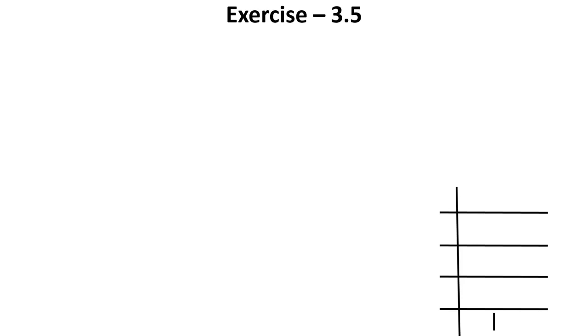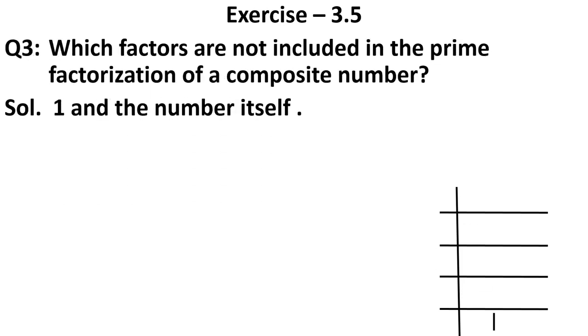Now let us do some questions of exercise 3.5. See question number 3. Which factors are not included in the prime factorization of a composite number? Composite numbers are those numbers which have more than 2 factors. So when we make the prime factorization of any composite number, which factors will we not include? 1 and the number itself.